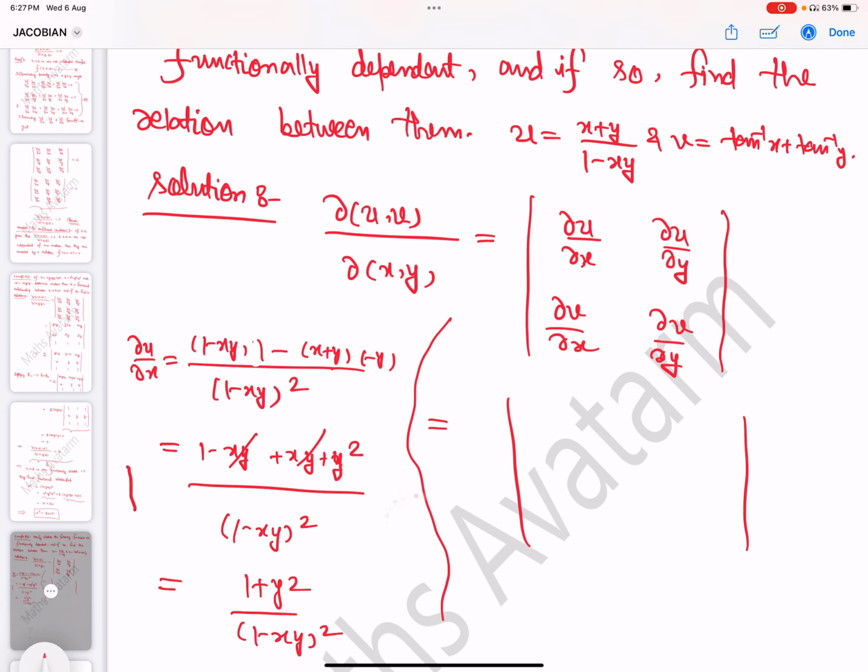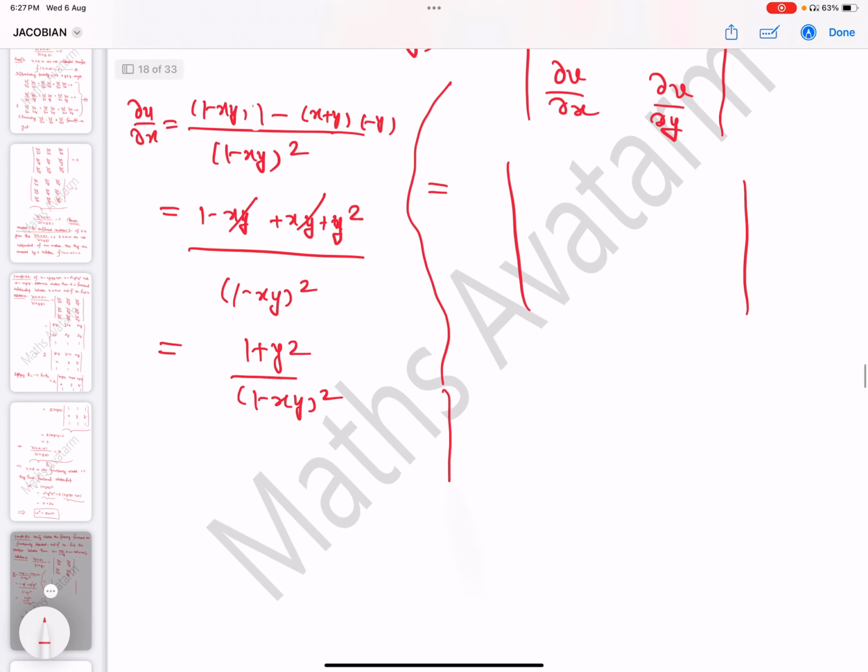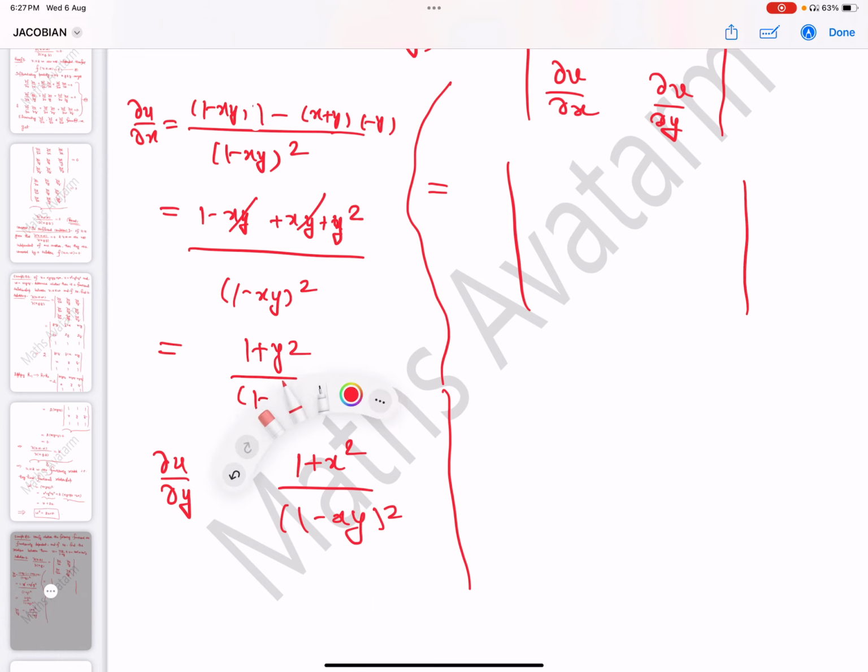Similarly, what will be del u upon del y? So it will be 1 plus x square upon 1 minus xy square. You can check it, you will get this. Okay. So put these values here, 1 plus y square upon 1 minus xy square, 1 plus x square upon 1 minus xy square.